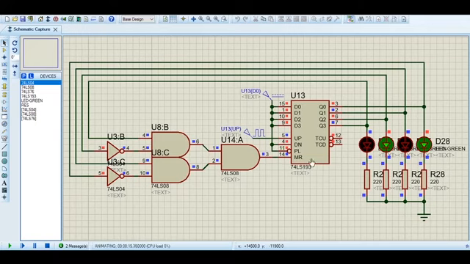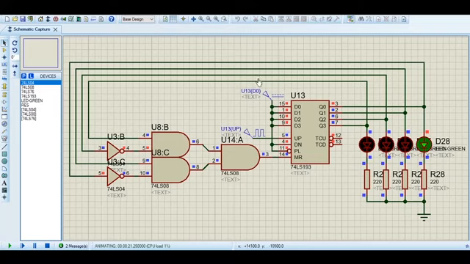When the counter starts counting, it starts from 0, and when the count reaches 10, the output here is 1, 0, 1, 0, or binary 10.